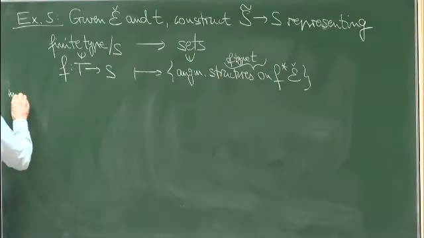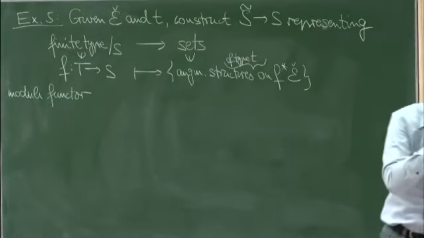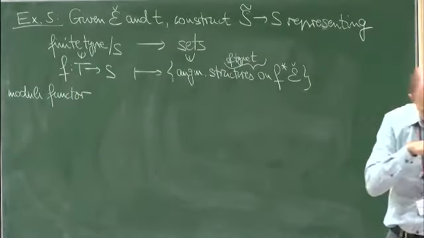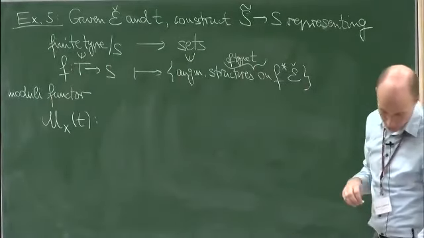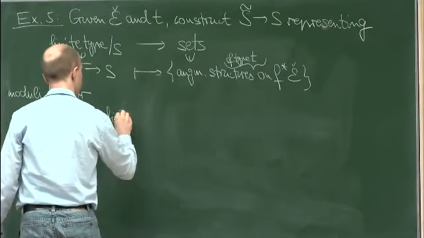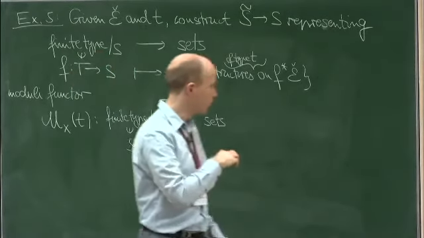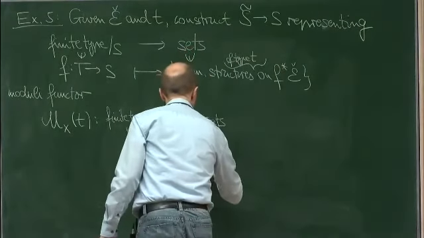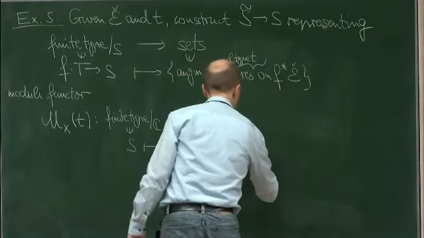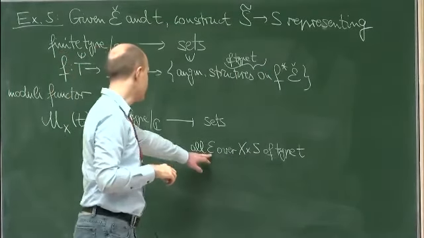So I've introduced the notion of family, of course, mainly to write down the moduli functor, which I'm going to denote by curly M_X, depending on the type T. This is a functor from the category of schemes of finite type over C to sets, which sends each scheme S of finite type over C, each such parameter scheme, to the set of all E over X times S of type T, and I mean here the set of all isomorphism classes.